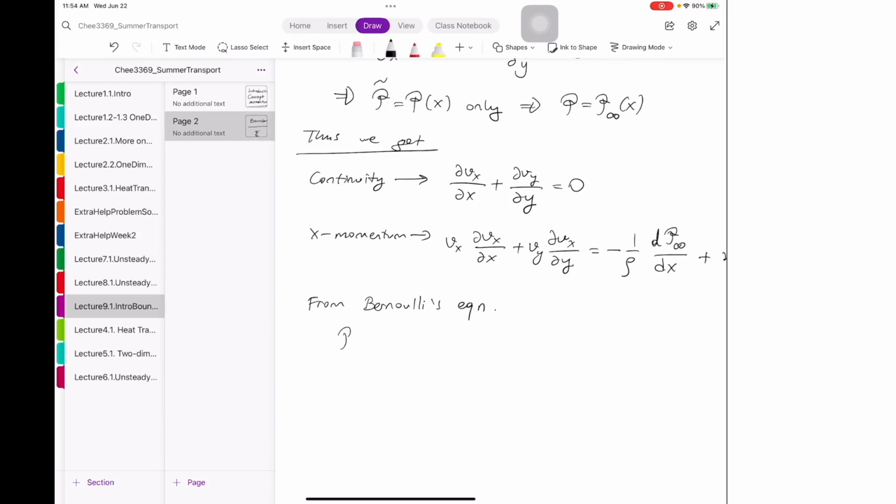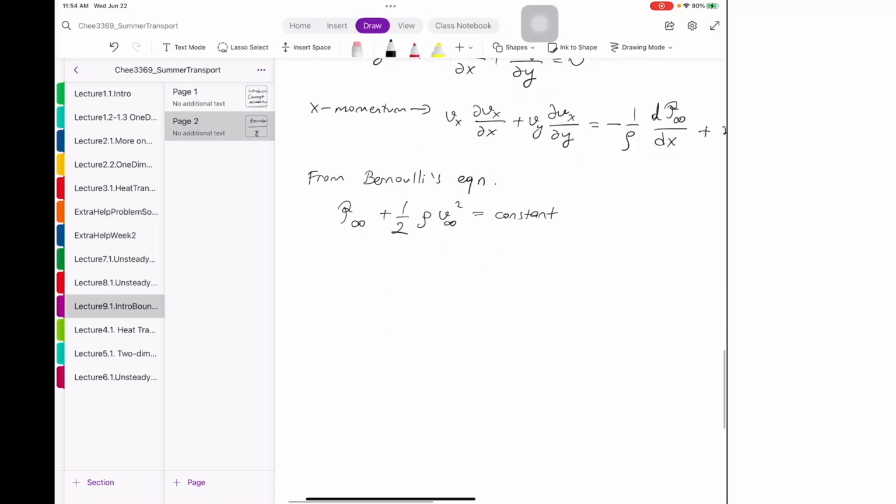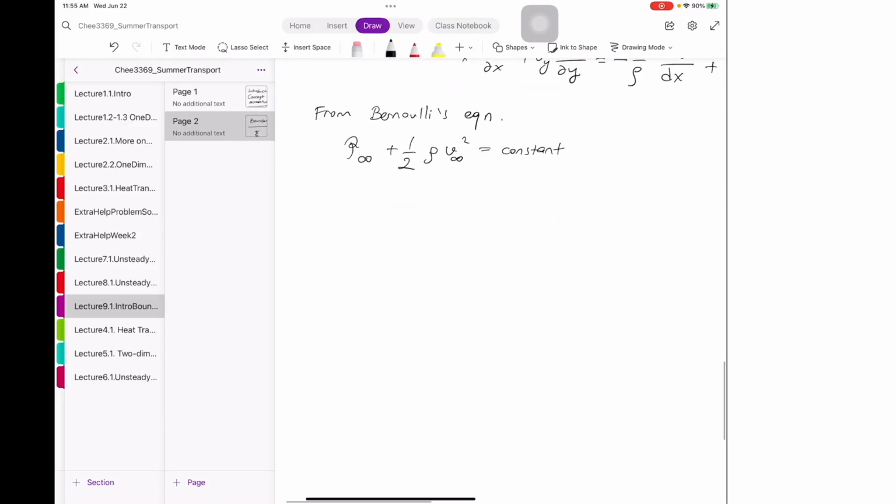P infinity plus 1/2 rho V infinity squared is constant, right? It holds where the flow is inviscid, away from the surface of the solid, which means you can use the inviscid flow equation, which is Bernoulli's equation.